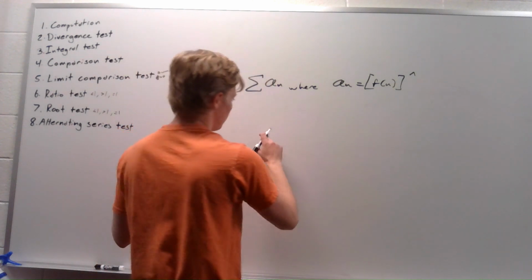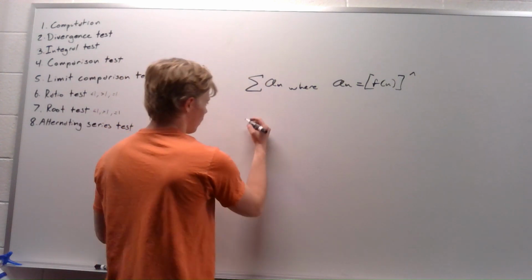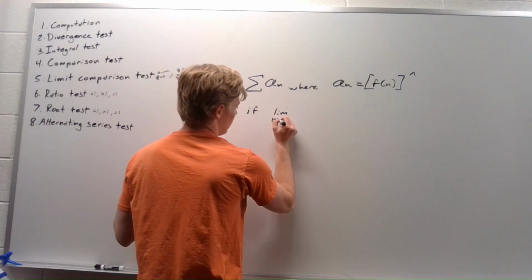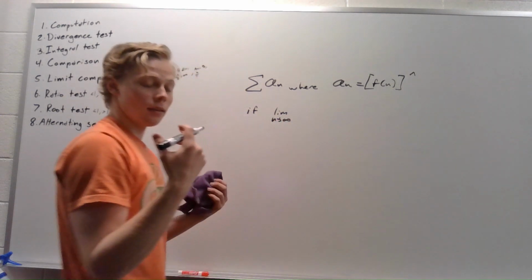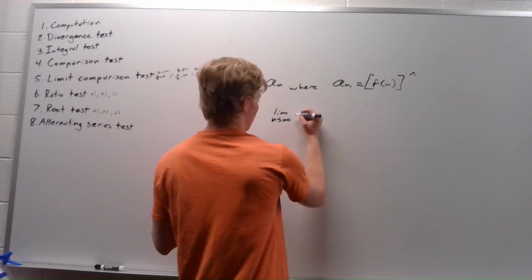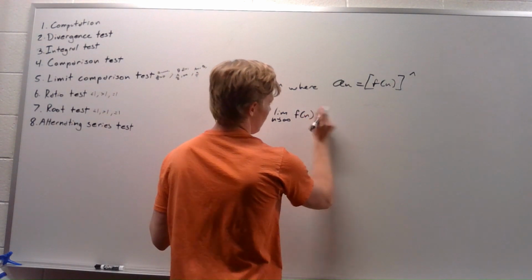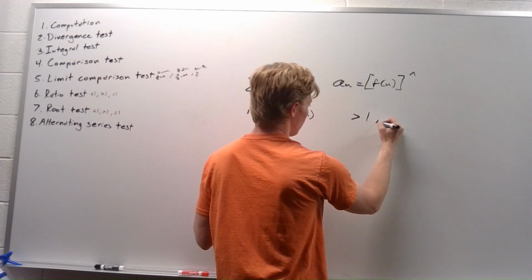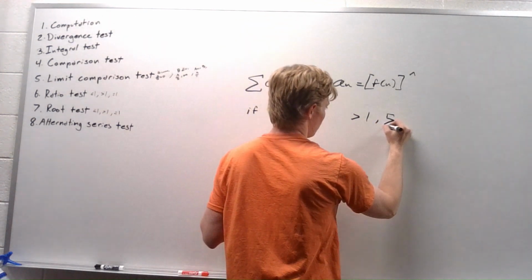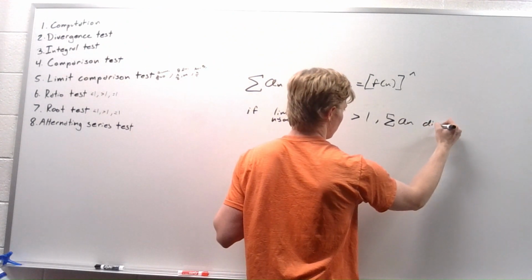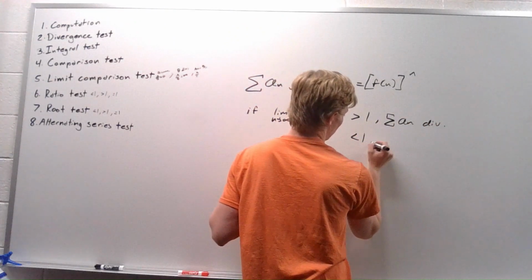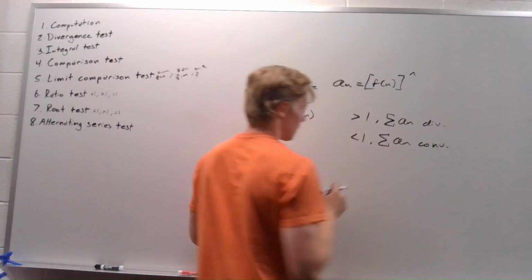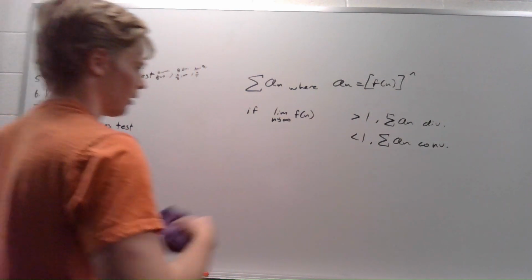And so what the root test tells us is that if the limit as n goes to infinity of just the f of n part is greater than 1, then the sum of a sub n diverges, and if it's less than 1, a sub n converges. And so the reason for that is this.